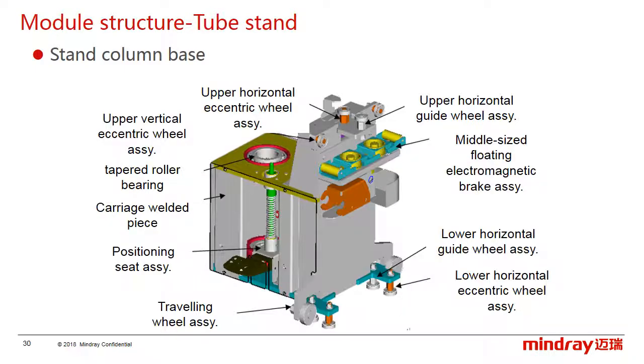The structure of the stand base is complex, and we just need to know how the stand rotates. When we step on the pedal, the bolt is released and the roller bearing rotates to drive the tube stand to rotate.